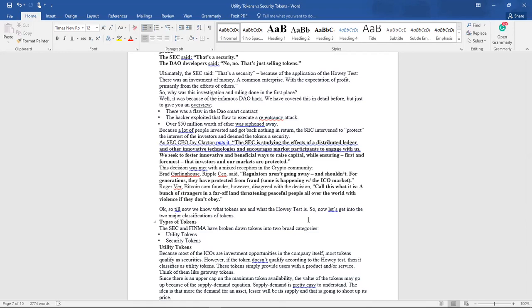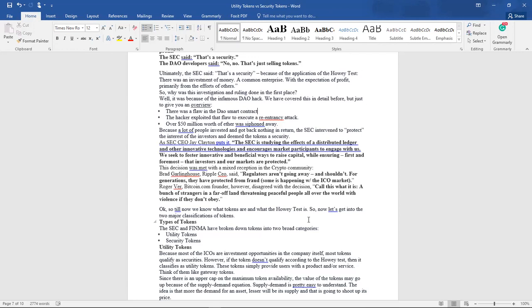Because most ICOs are investment opportunities in the company itself, most tokens qualify as securities. However, if the token does not qualify according to the Howey test, then it's classified as a utility token.